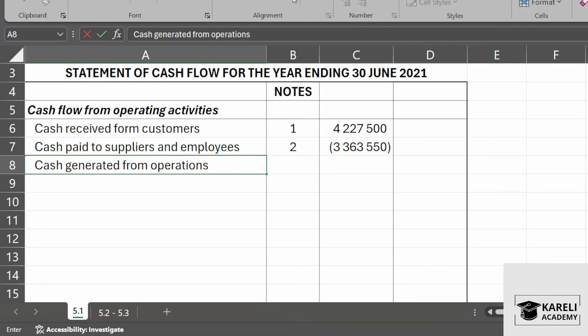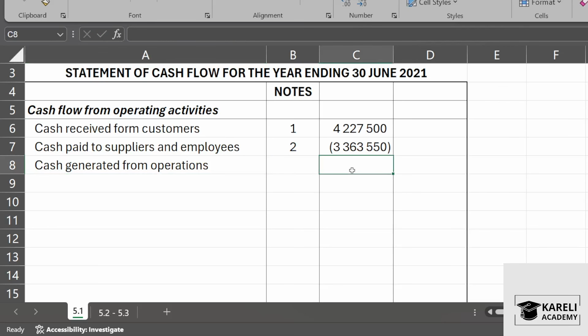Now, on some question papers, they don't want you to do these two notes. Instead, they will want you to do only this note. Right? And then you'll say 4,227,500 minus 3,363,550, and it will give you 863,950.